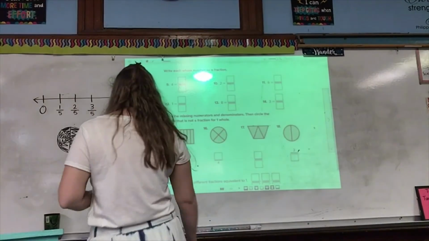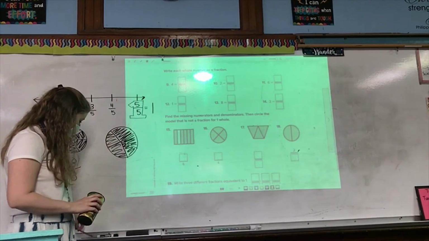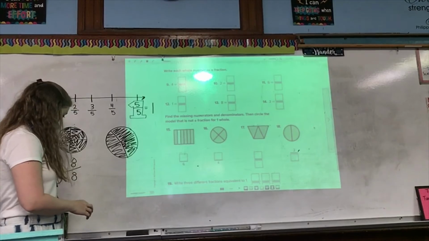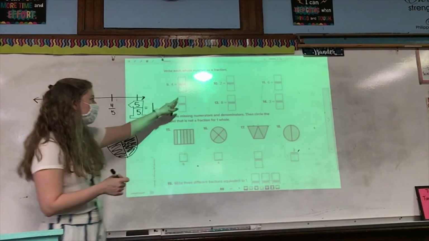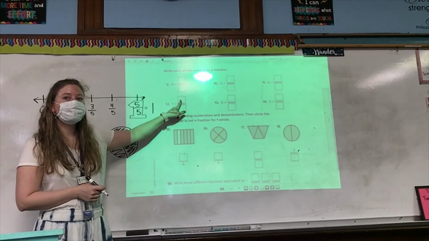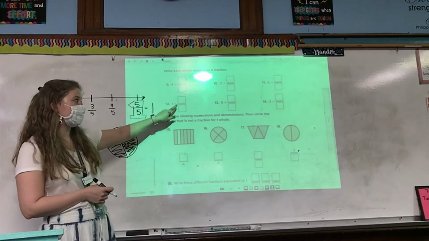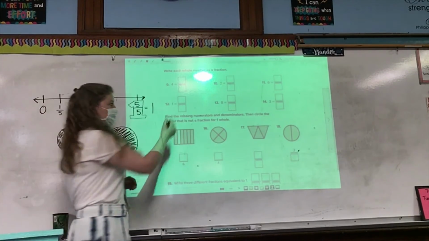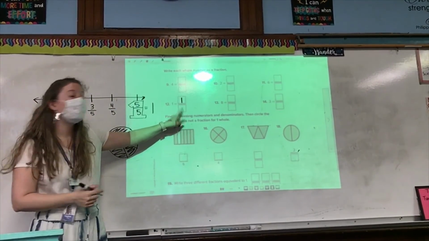Okay, so number 12. We have 1. 1 is equivalent to what fraction? What is our numerator? 1. This time it matters, because we're following the same rules that we followed for numbers 9, 10, and 11. And our denominator? 1.